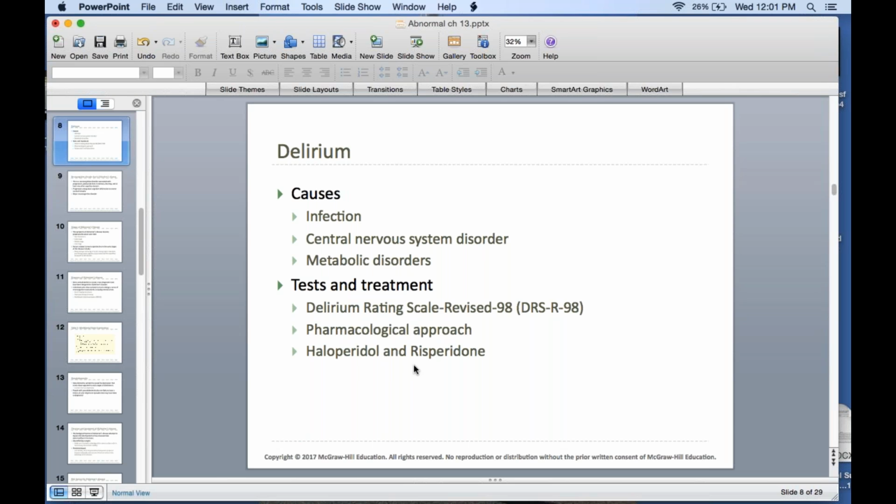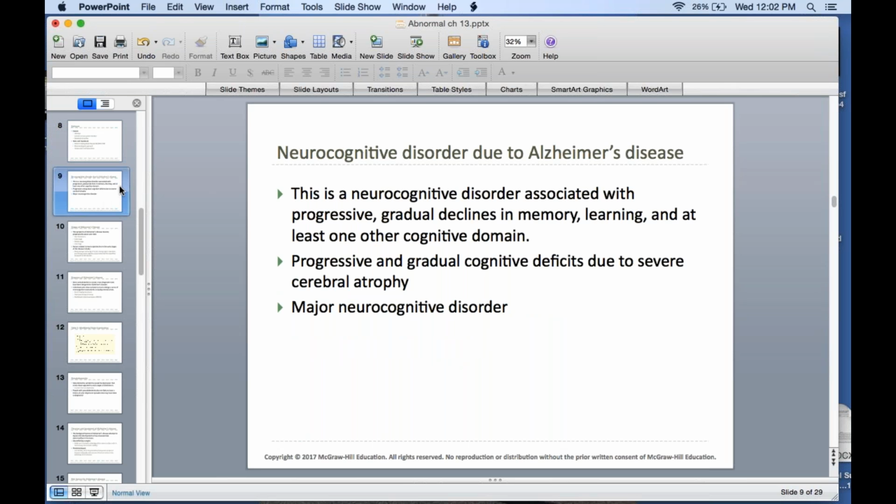These are antipsychotic medications, haloperidol and risperidone. But we're really going to see, can we all of a sudden switch this? If we make one alteration, does this person come out of the delirium state? And if so, then we know it's delirium and not a dementia.